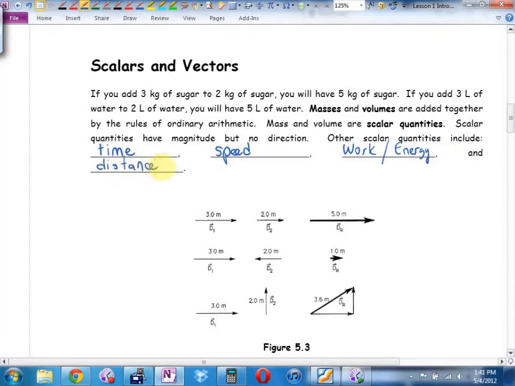Distance, right? Not displacement, distance. Especially next year in Physics 12, those of you that take it, one of the first things I'm always going to do whenever I introduce something new to you is tell you whether it's a scalar or a vector, because that's going to completely influence, Haley, how we're going to deal with it mathematically in the real world, in the physics world.